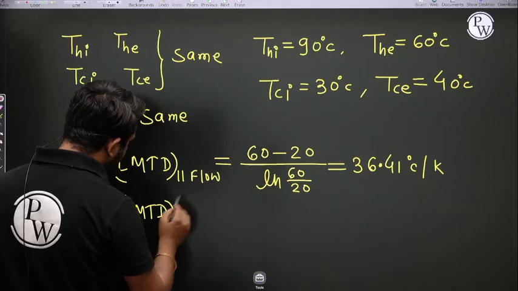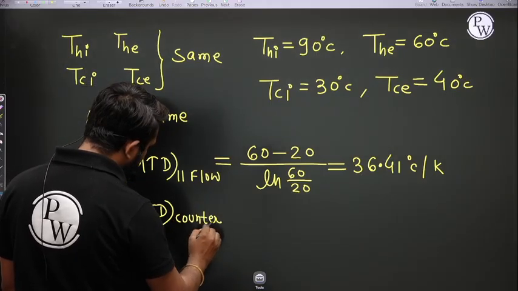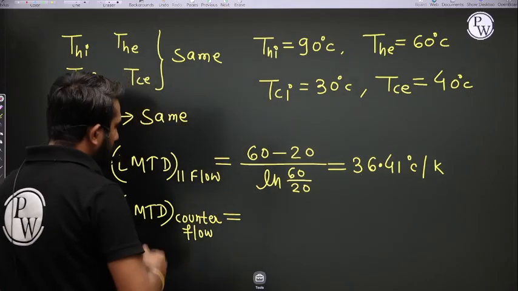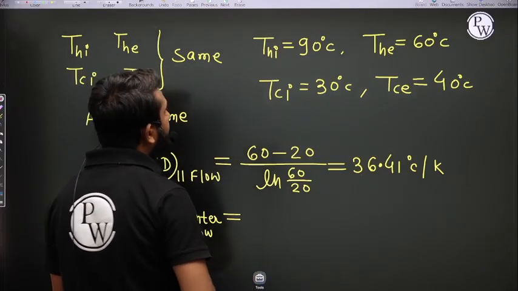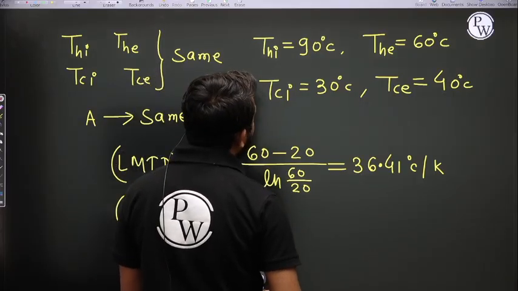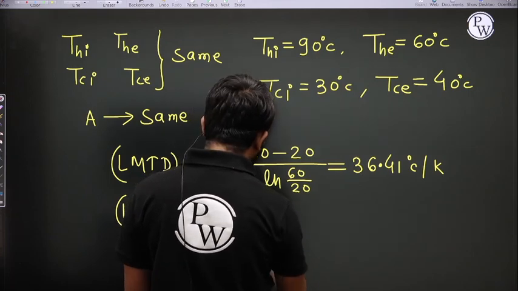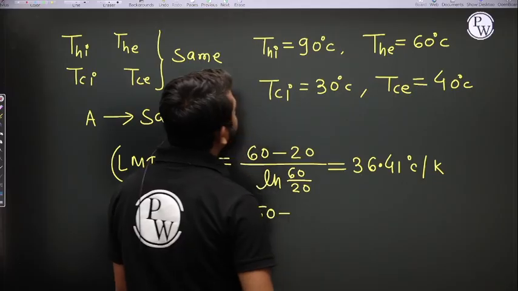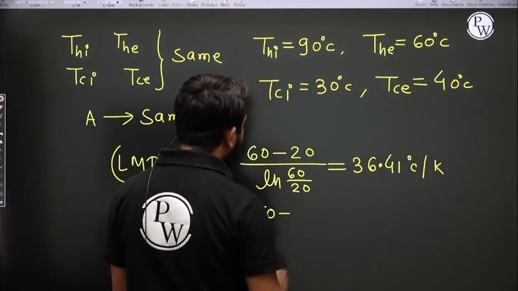LMTD in case of counter flow heat exchanger. What is theta 1? Theta 1 is THI minus TCE, so that is 90 minus 40, that is 50. Minus THE minus TCI, that is 60 minus 30, and that is 30.